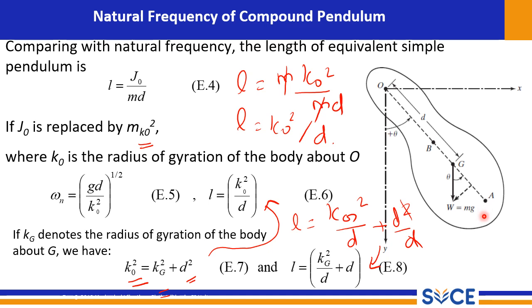Interestingly, the center of percussion coincides at OA, where OA is the length L of the equivalent simple pendulum. This means that if you strike at point A, there will be no reactive force felt at the pivot point O.